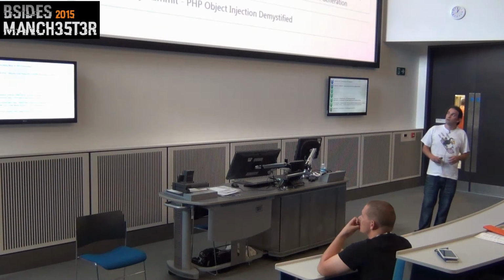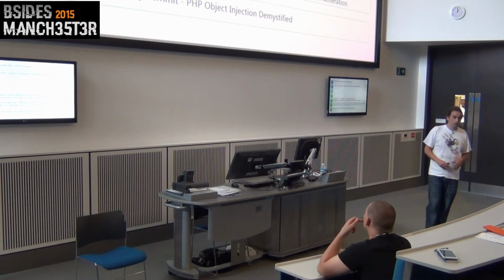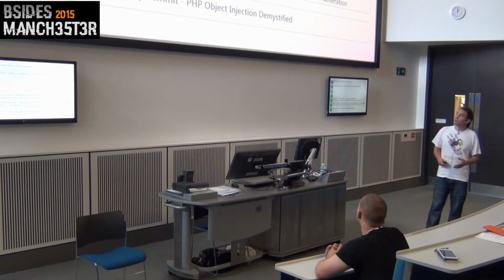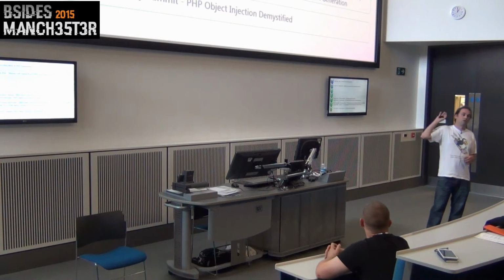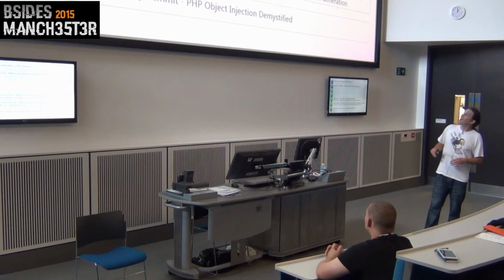Now, I'm guessing a lot of other people had similar experiences, because around the same time, a lot of people started talking about this class of vulnerabilities and some examples of the exploits you could do with it. I wasn't aware of all of this research when I came to prepare this talk, so it scared the hell out of me.